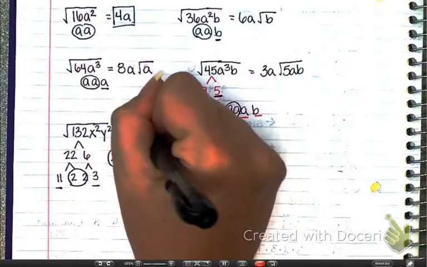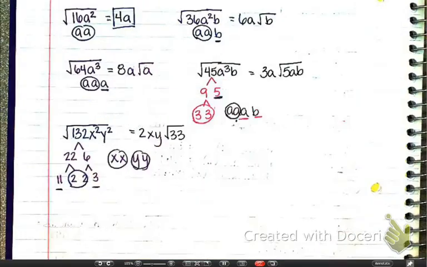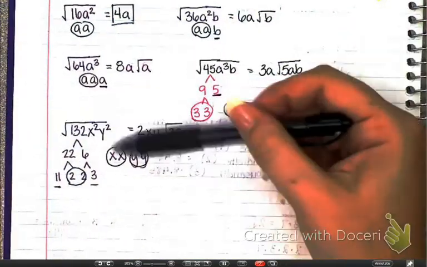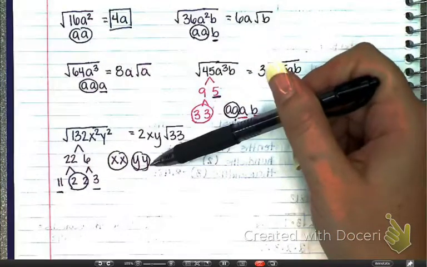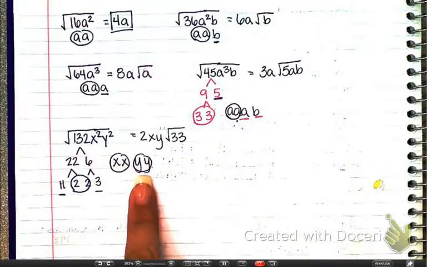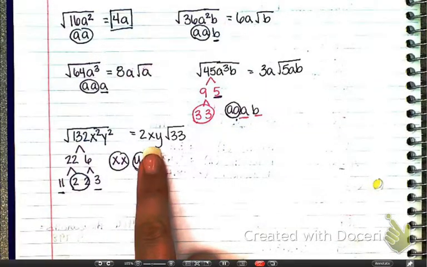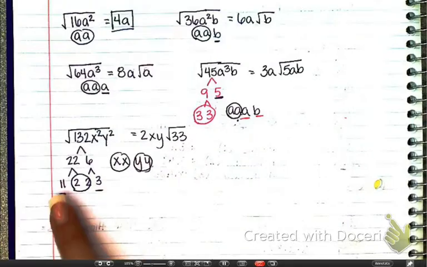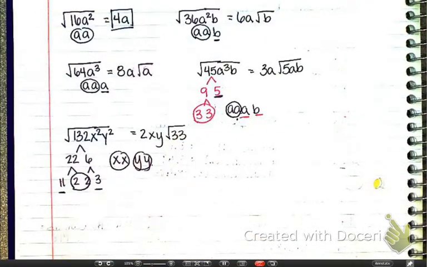Perfect. Okay, so I have x squared, which means I have 2 x's. I have y squared, which means I have 2 y's. I see pairs. So on the outside are my pairs. 2 times x times y is 2xy. And my leftovers go on the inside. 11 times 3 gives you 33.